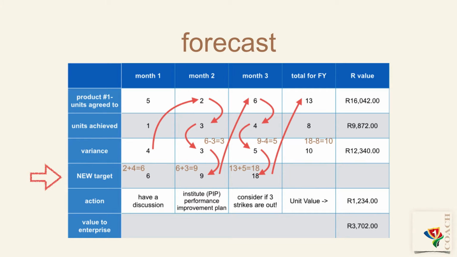We can see that if we can make our year end almost every month, but definitely by the end of the first quarter, we know what we have to do.